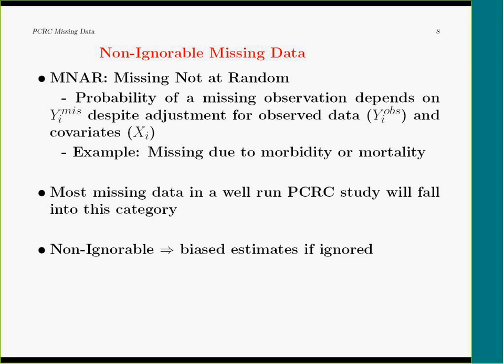So most missingness due to morbidity or mortality falls into this category, and thus that'll be most of the missing data in palliative care studies. So this is the one we really need to pay attention to. And when we say non-ignorable, it means that basically we will get biased estimates if we ignore it.